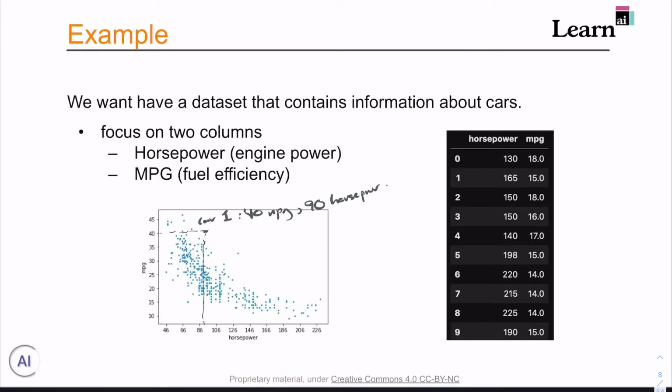Each row of this table here is one point over here. This is a basic thing, but it's important to get right. One row to one point, and both of them represent a car. Cool.